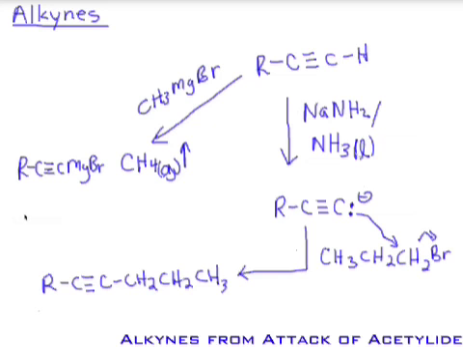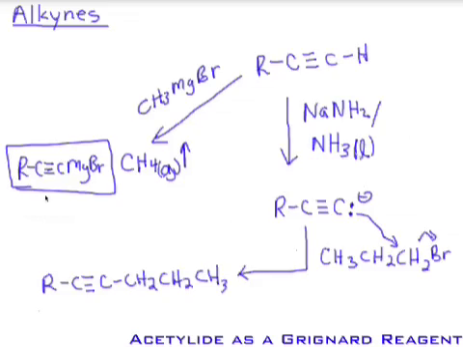Once I get that Grignard, I can react it with many things. All of the reagents we covered in alcohols that you can use Grignards on, you can use an alkynyl Grignard on. Methanol, aldehydes, ketones, esters. Say we have this Grignard, and say we attack 2-butanone.